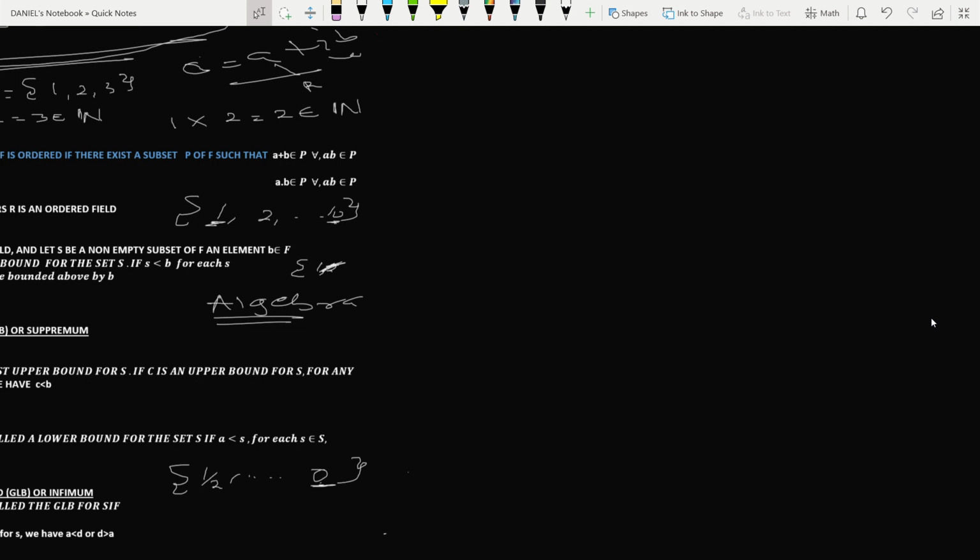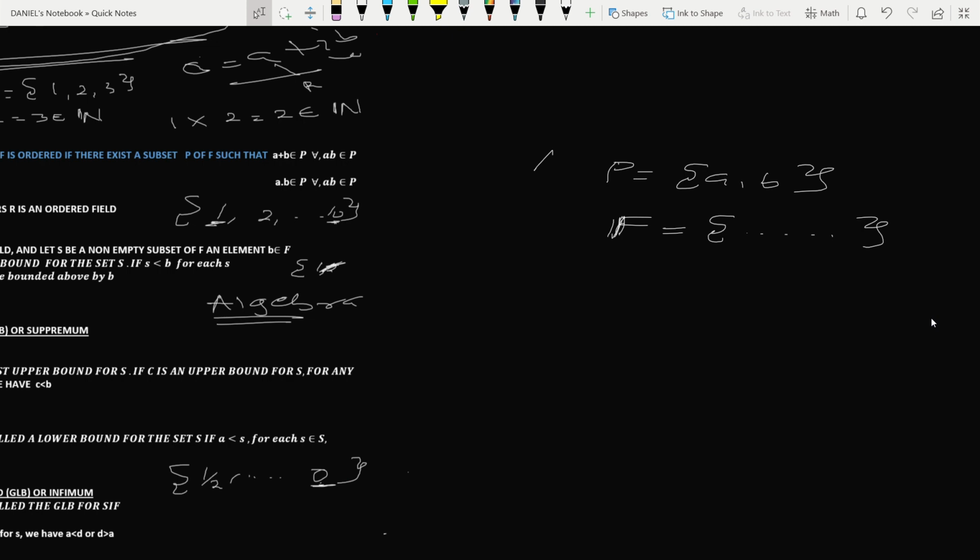So let's say you have a set P, and P is equal to some elements A and B, for example. Now, you have a field, and this same field has its own elements.